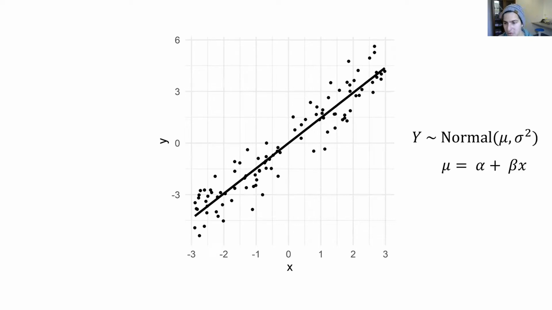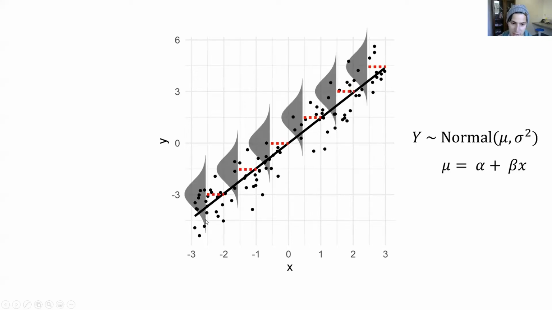So let's start with just this really simple linear model that we're familiar with by now. So we have mean mu, or y hat, is a linear function of x, and y is normally distributed around mu with some variance sigma squared. What this implies is that at any given value of x, y is expected to be normally distributed, and it has a constant variance.